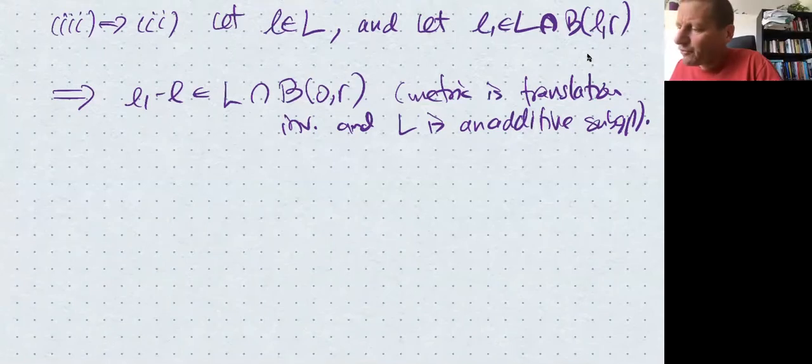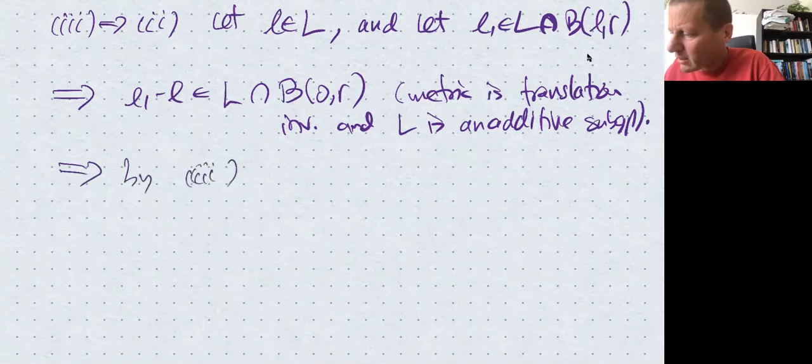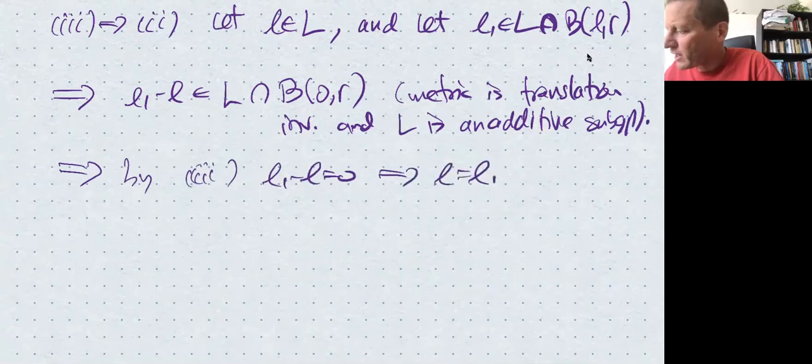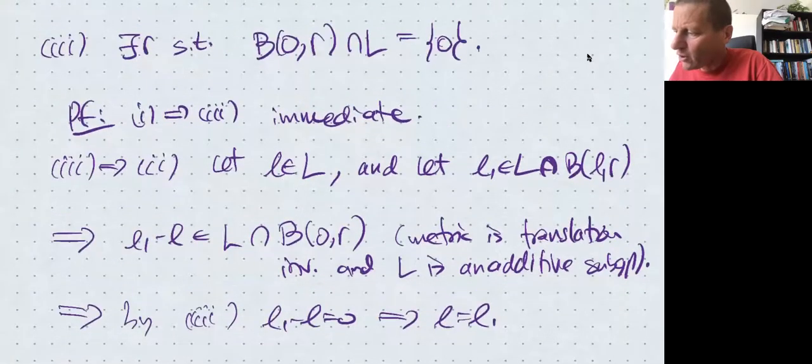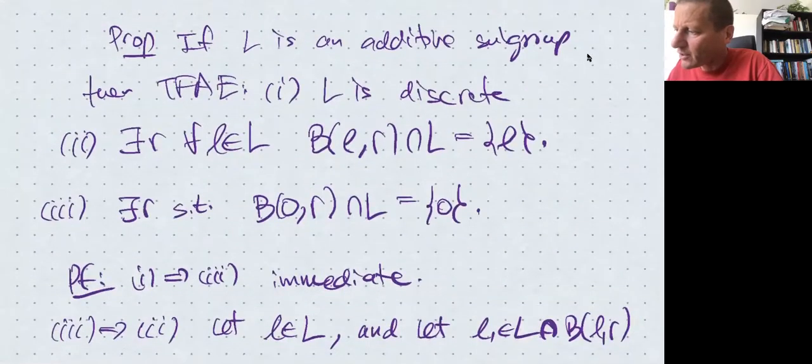So now we have that L1 minus l belongs to this intersection, and then by what we assumed, by 3, L1 minus l is 0, so this means that l equals L1, so this proves 2. We proved that the only element in this intersection is just l.